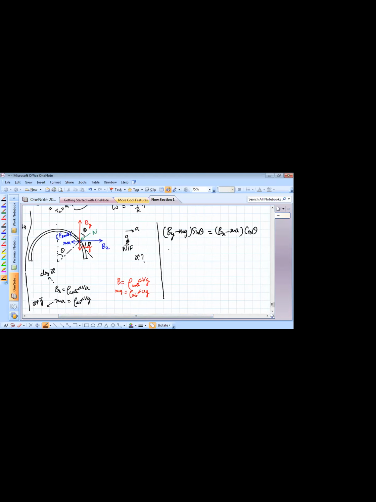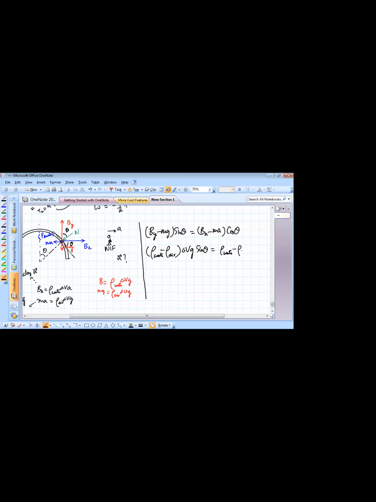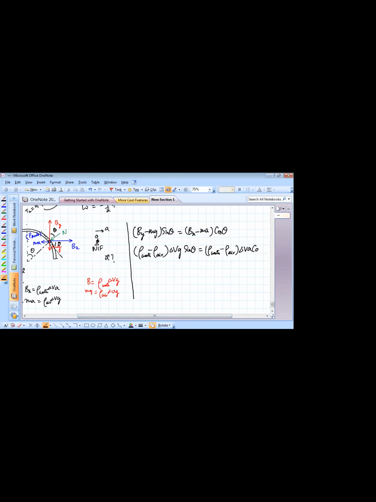So you will see that this is actually density of water minus density of air into volume of the bubble, delta V, let's say, into G. That should become again same thing, density of water minus density of air, into delta V into E cos theta.